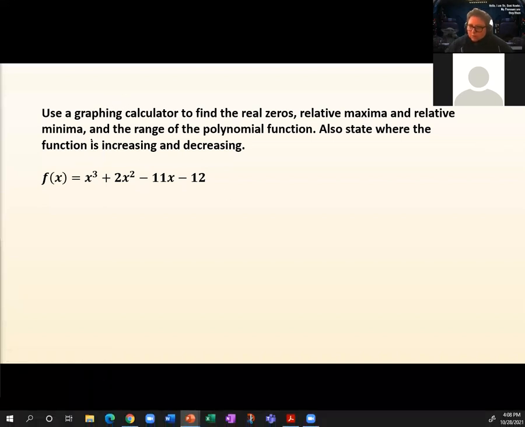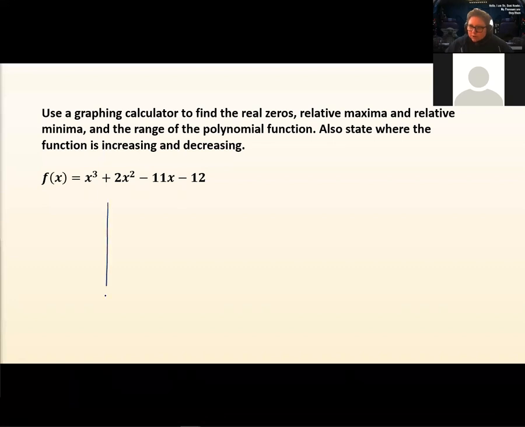So first things first, let me go ahead and graph what we're looking at here. Definitely looks like that, right?